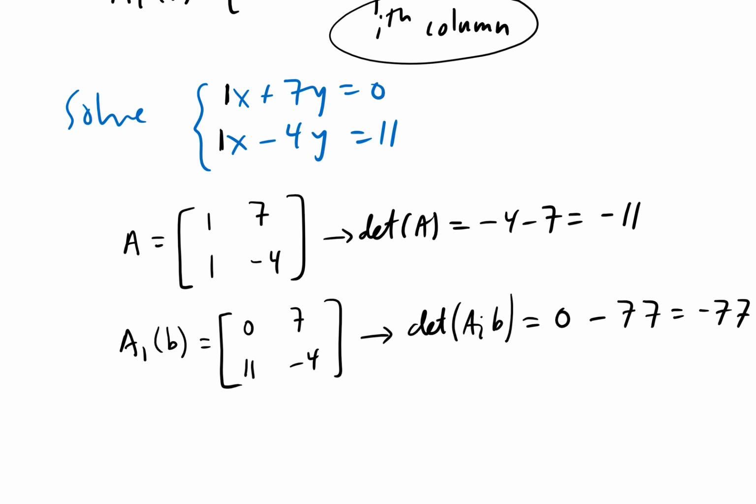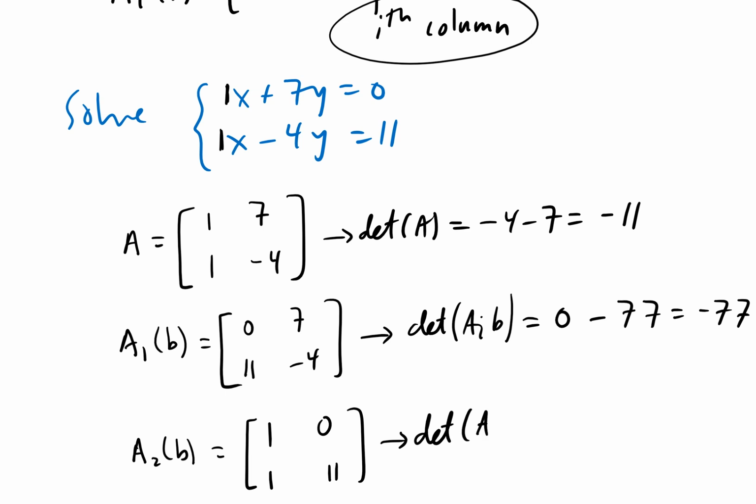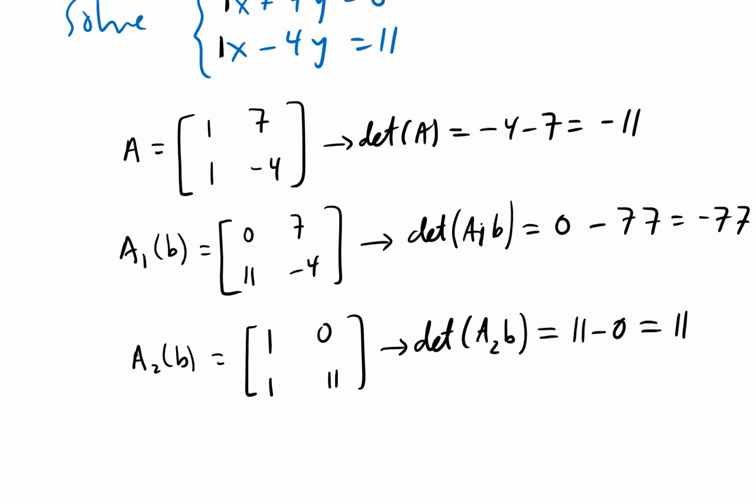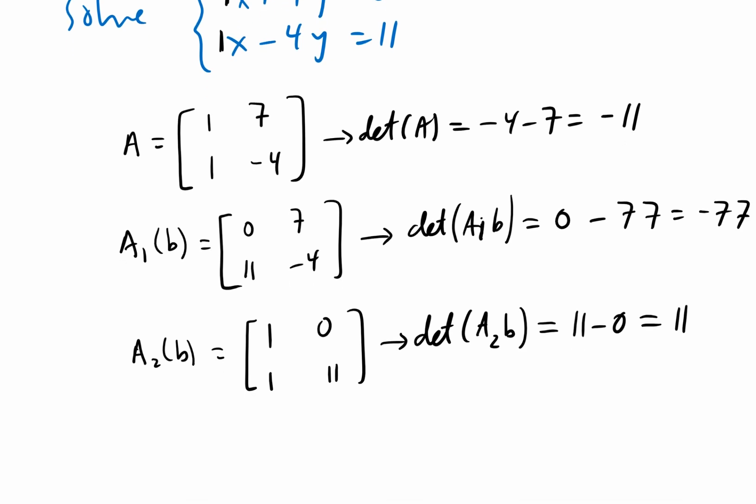Now we do the second column, A2 of B. This means I leave the first column the same, and the second column gets replaced with 0, 11. The determinant in this case of A2 of B is 11 minus 0, which is 11. This will get us to find what x and y are.